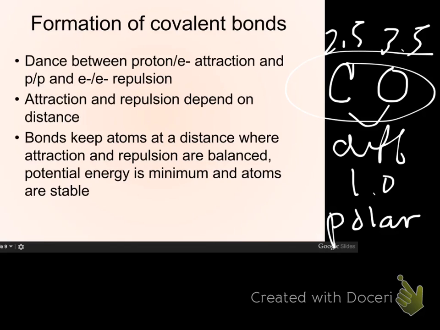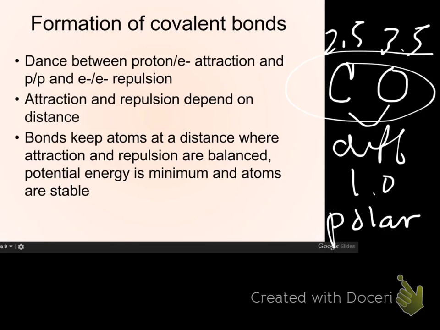So it's a dance. It is this literal dance between attraction and repulsion. So proton-electron attraction, opposite charges. Protons love electrons. Love them. However, deep down there in the center of each atom is that tennis ball of positivity, the nucleus.